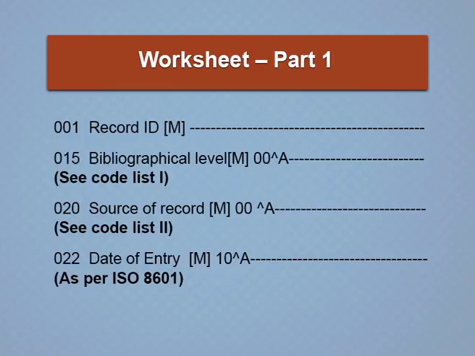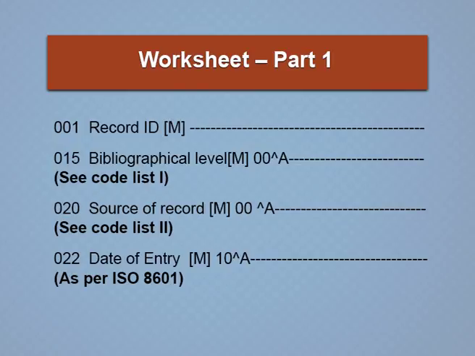Now, record ID: if you are using WINNIS, for each and every record WINNIS creates a unique biblio ID, which is represented by the MFN, master file number. The moment you save your record, WINNIS will give you a master file number for that record that you need to enter here. Then comes the most important field, the bibliographical level.